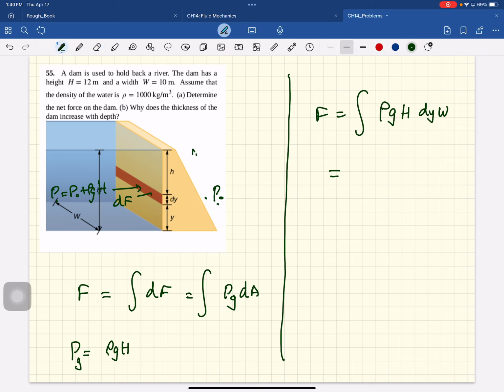Okay, sorry. Capital H was this height, so this is rho g little h, and little h is H minus y.